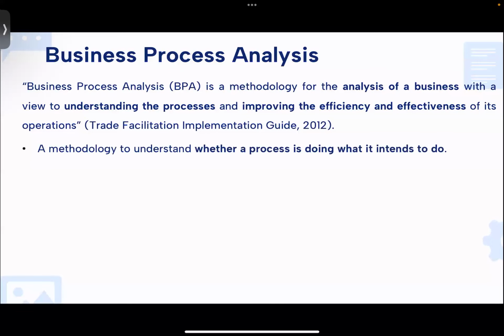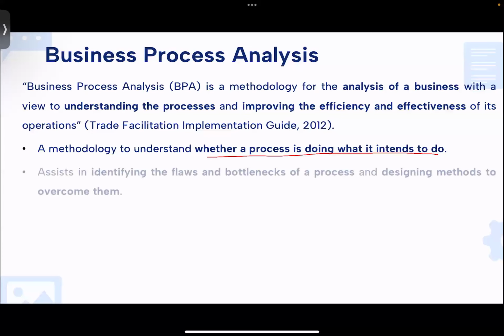Through business process analysis, we can identify whether a process is doing what it is intended to do. For example, if you have a process, you have to identify whether there are any variations. The next one is to assist in identifying the flaws and bottlenecks of a process, and designing methods to overcome them.